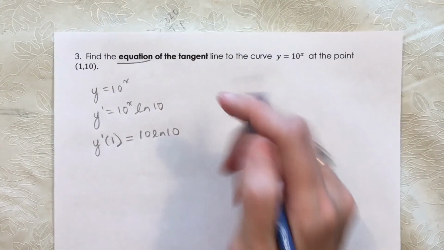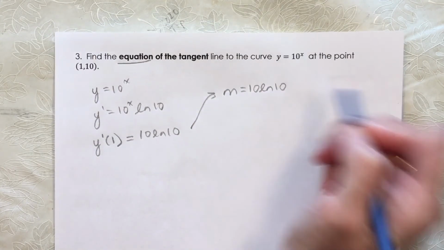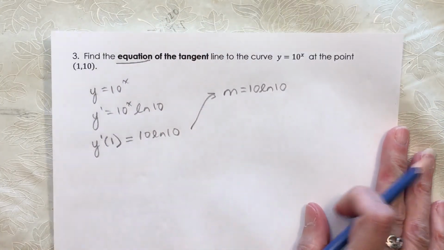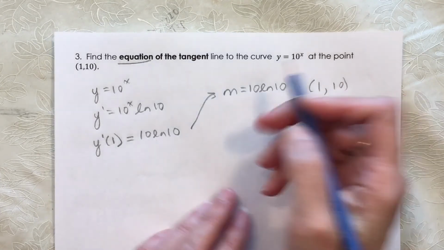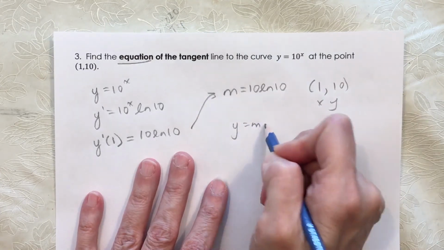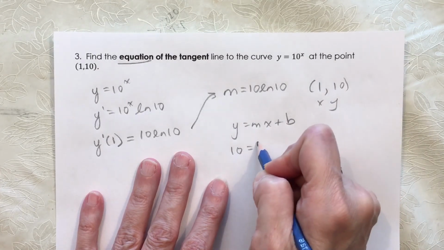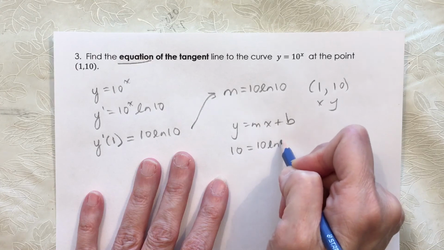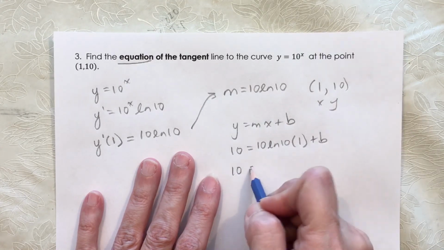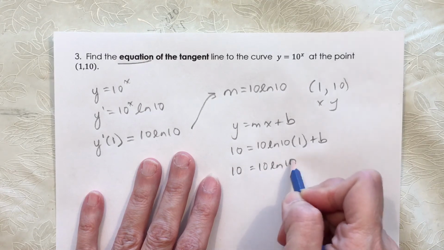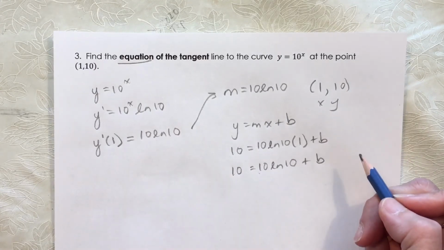So then that means that m is 10 ln 10, which is just a number again. And our point is (1, 10), our x and our y. y equals mx plus b. 10 equals 10 ln 10 times 1 plus b. 10 times 1 is 10, times the ln of 10, which is just a number.